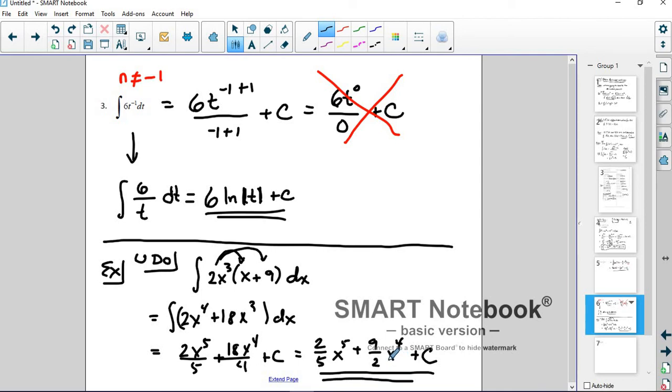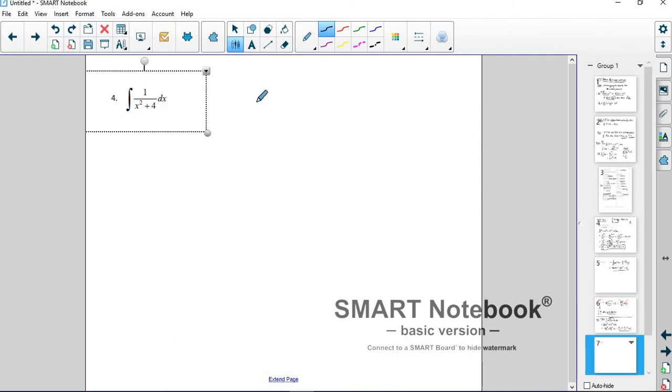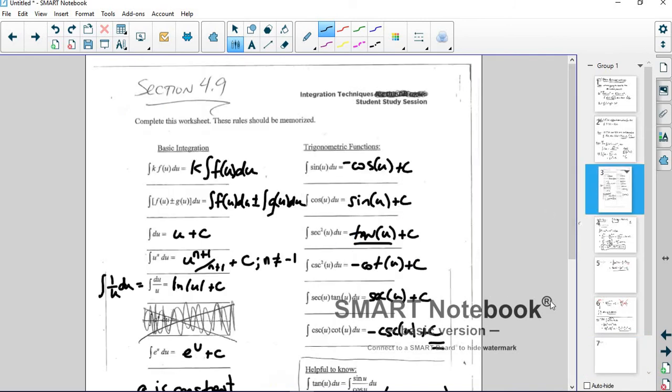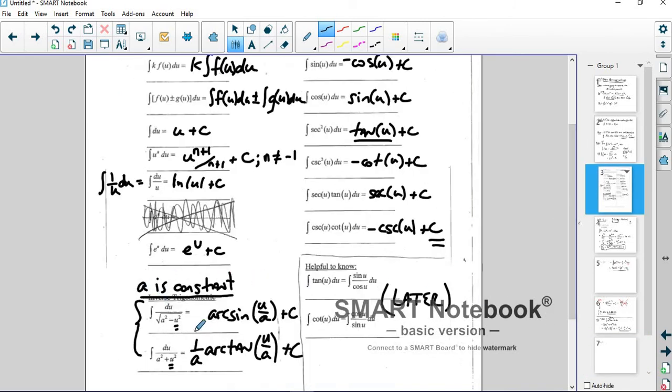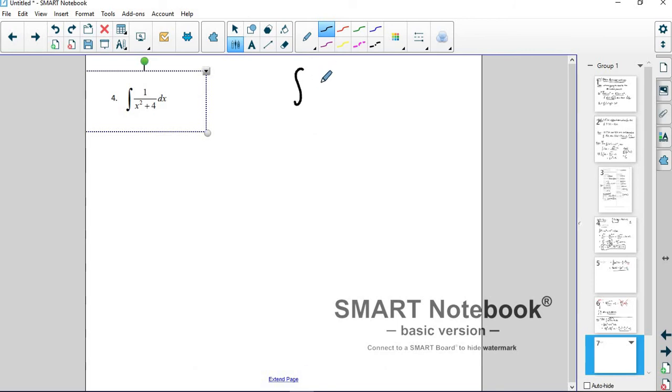Okay, just like that. I want to show you how to handle this rule right here, these two rules, or these rules here, this a squared minus u squared. It's not exactly the same. Playing the role of a and playing the role of u. All right, so we're going to take this arctangent rule because that's exactly what we have here. Remember that the rule is 1 over a squared plus u squared.